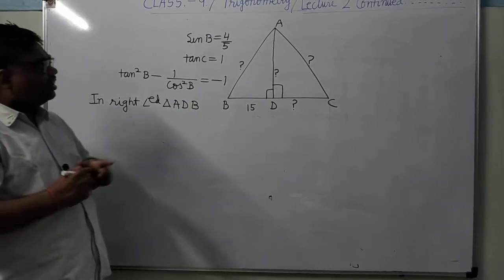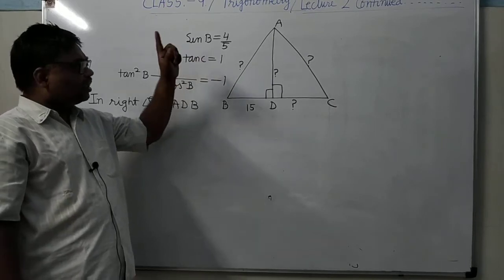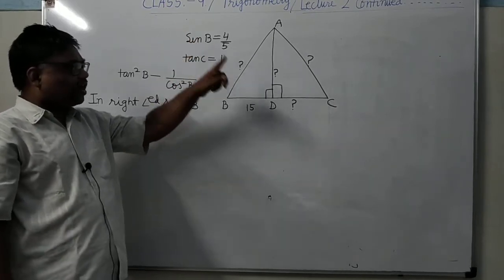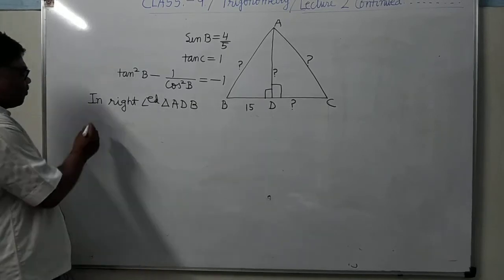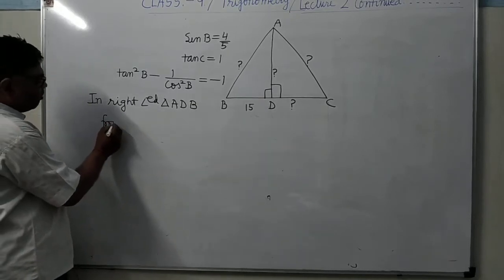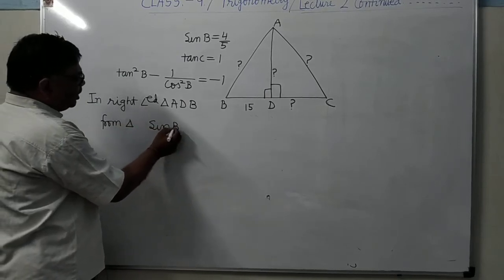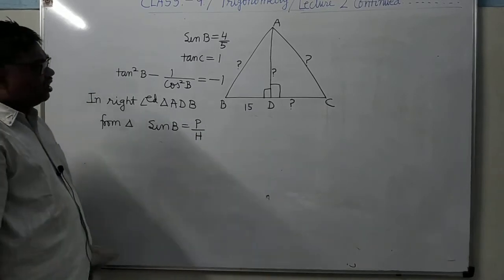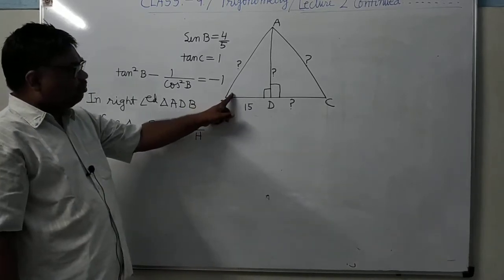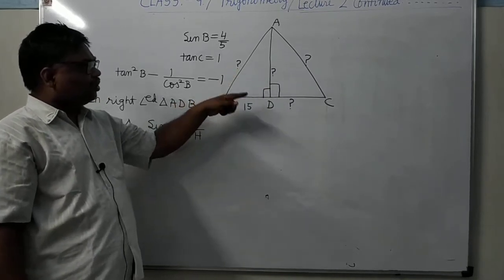So you can see here sine of angle B is given. You will determine the same thing from the triangle. So from the triangle, what will be sine B? Sine means perpendicular upon hypotenuse. With respect to the angle B, what is perpendicular? AD. What is hypotenuse?